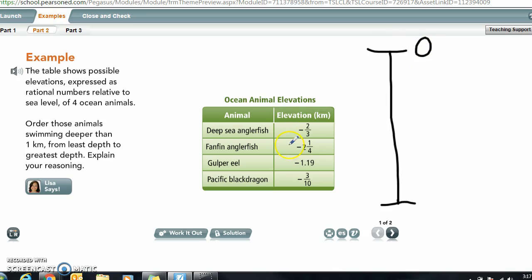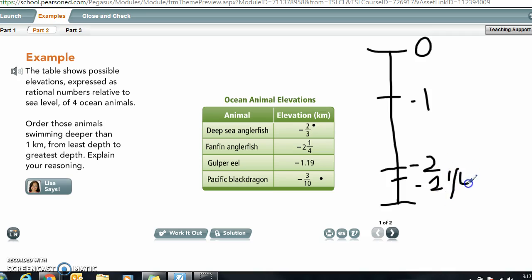So if they're diving, I'm going to look at these numbers. Well, I notice that this is a fraction and this is a fraction. So I know that those will be somewhere in between 0 and -1. Okay, and then I'm going to put -2 right here. Well, what do you notice about these numbers? So if these two are going to go in here, I have one number at 2 1/4, or -2 1/4. So I'm going to put this right here.